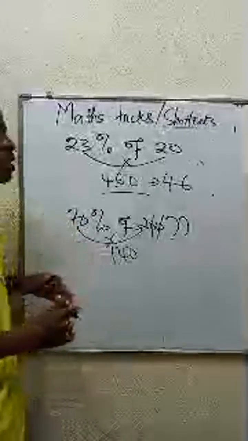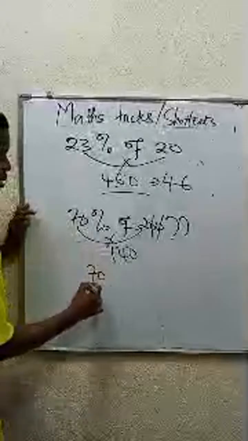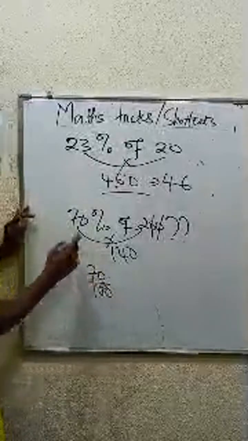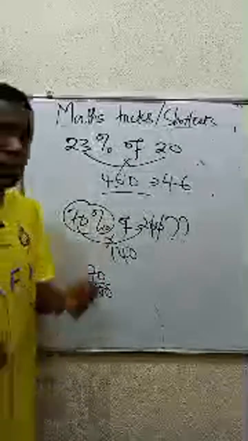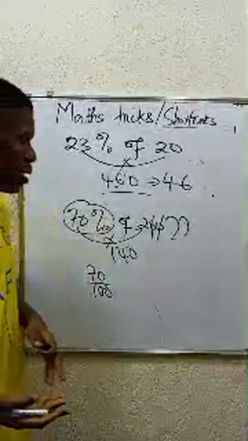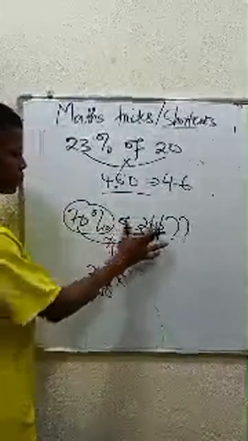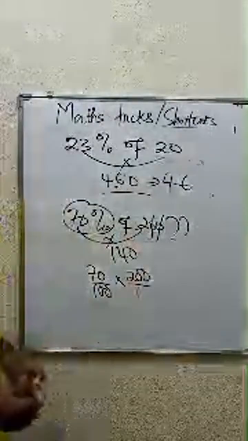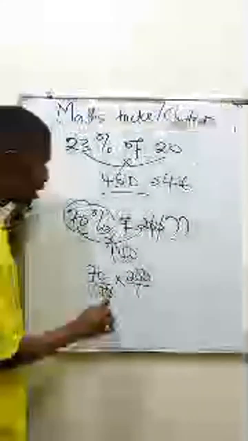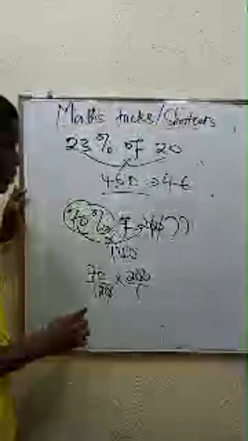To show all working, it simply means 70 over 100, because once you have percent, we are talking about ratios of 100. Then times the quantity in question, which is 200 over 1. For convenience, you can simply divide by 10, cancel out a zero here and here.